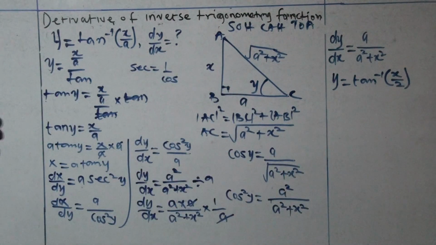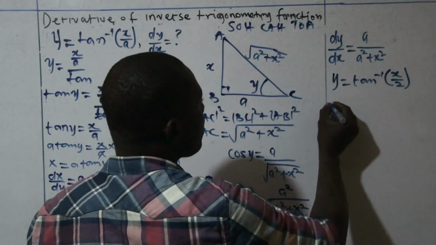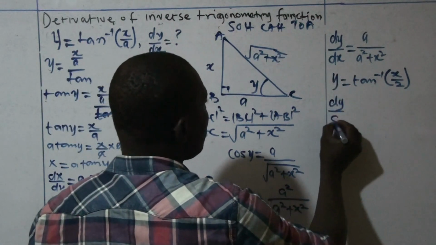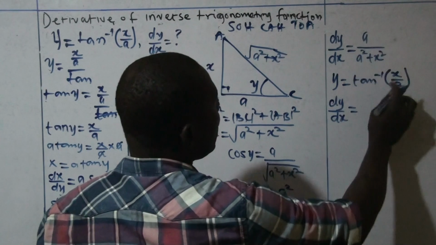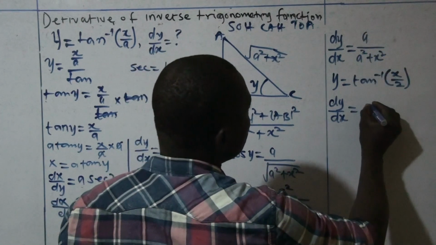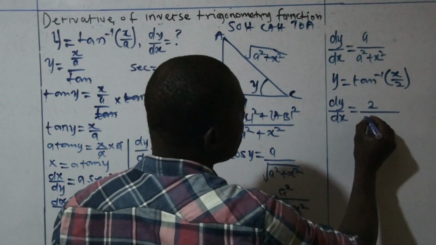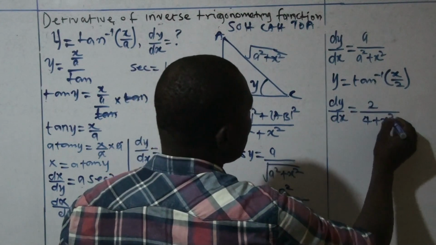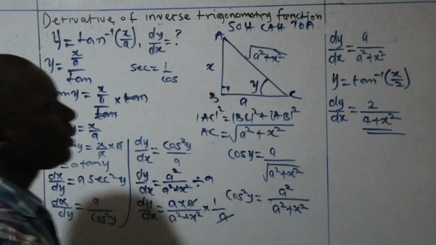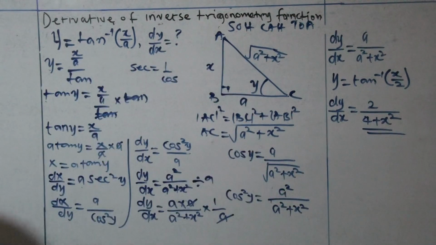With this formula, your a is 2. So here we have 2 all over 2 squared, which is 4, plus x squared. So that's how we can derive this formula.